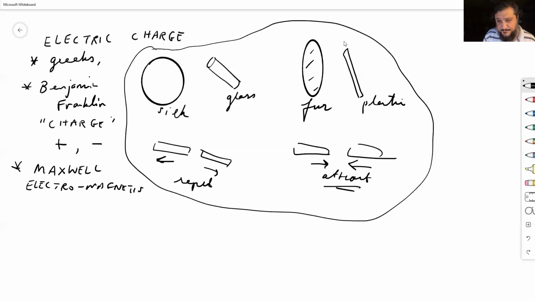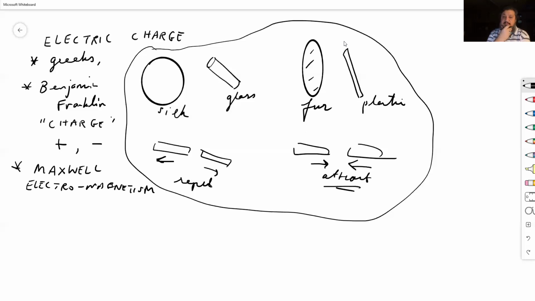Okay, so these two are actually one and the same. That's why we call it an electromagnetic force or electromagnetic interaction, which is a fundamental force of nature.